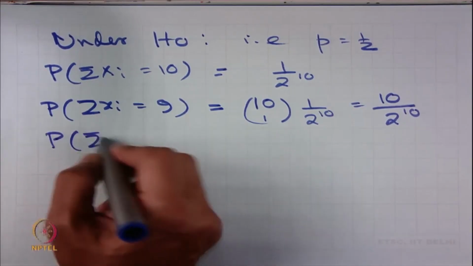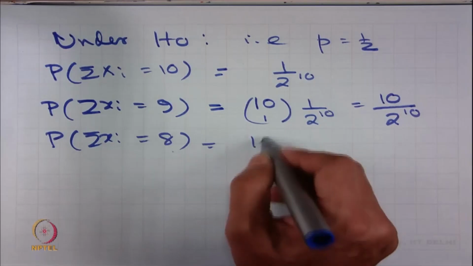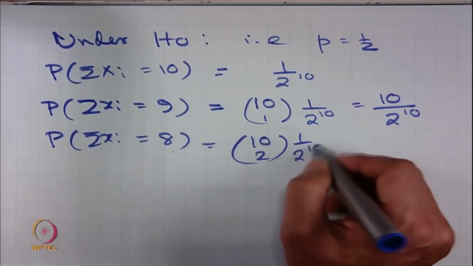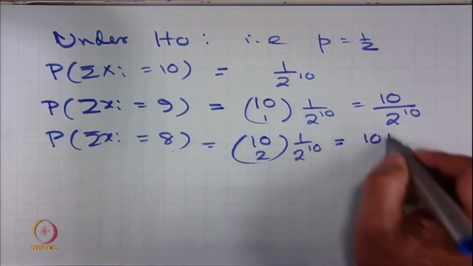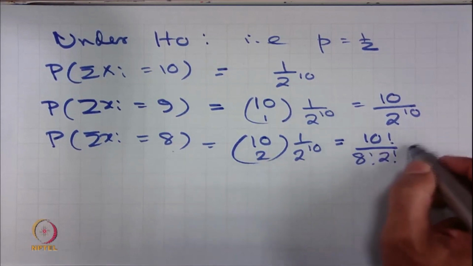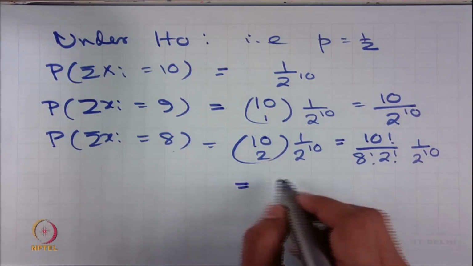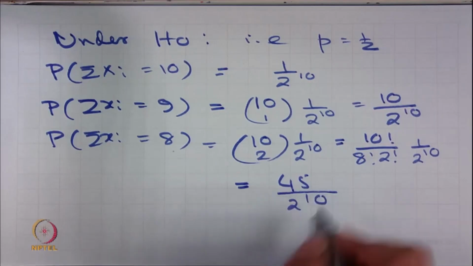Probability sigma xi is equal to 8 is equal to 10c2 half to the power 10, which is factorial 10 upon factorial 8 factorial 2 into half to the power 10, which is 45 upon 2 to the power 10.